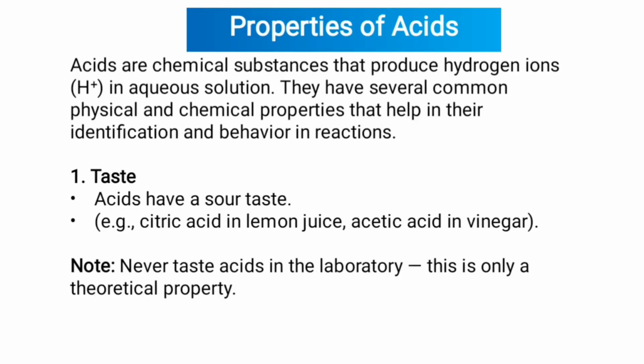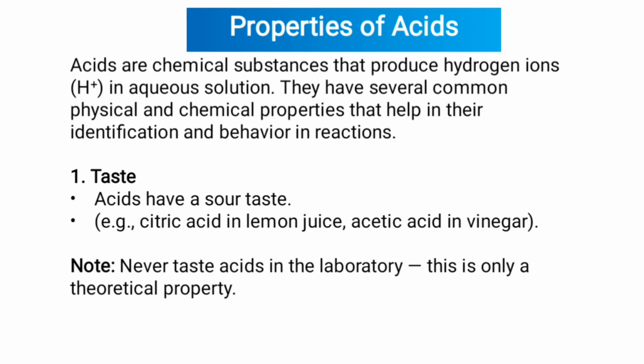Properties of acids. Acids are chemical substances that produce hydrogen ions, H+, in aqueous solution. They have several common physical and chemical properties that help in their identification, behavior, and reactions.